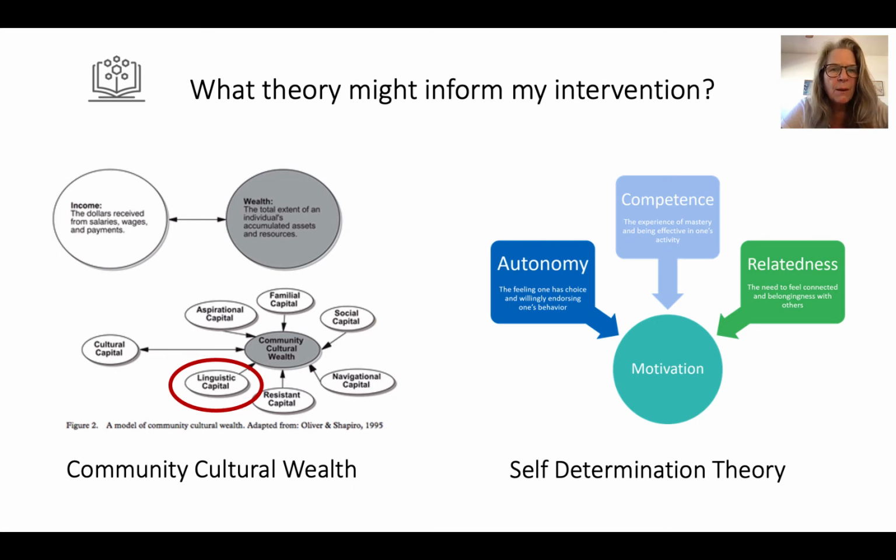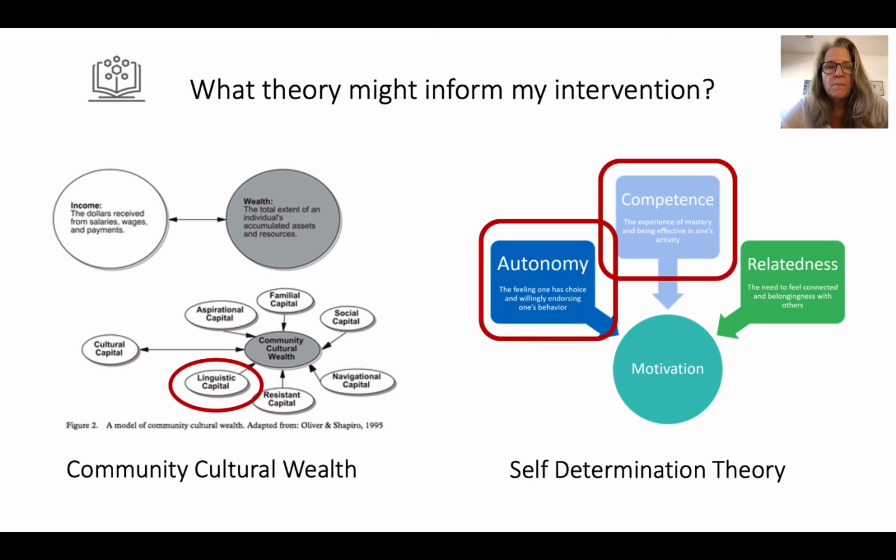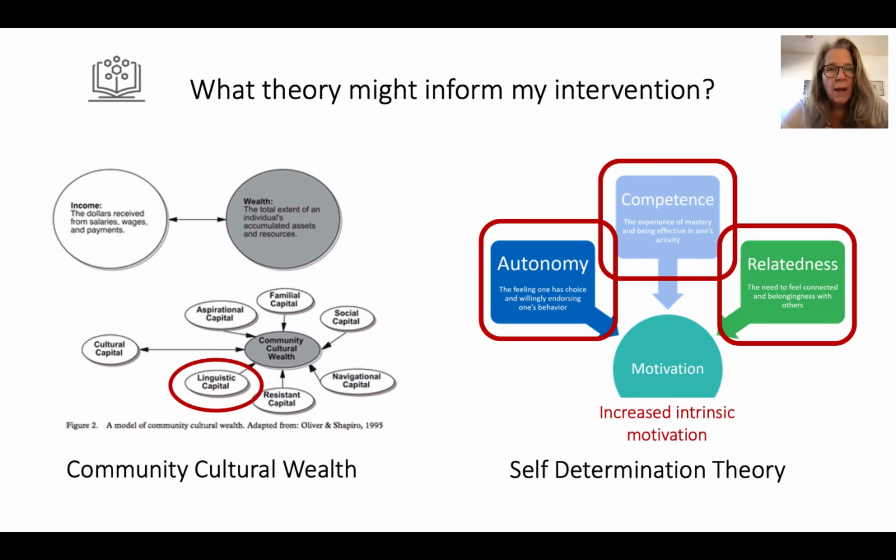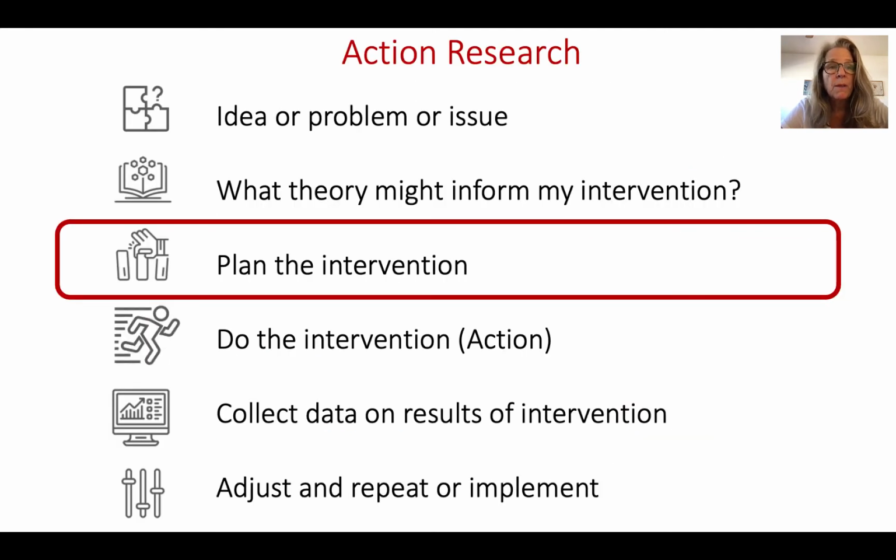And there's 3 areas: autonomy, students can choose what they want; competence, that students get better and better at things, and so that is good for their intrinsic motivation; and then also relatedness, either relatedness to people in the class or relatedness to their life goals. And so I often look at this and try to design things with this in mind to increase intrinsic motivation. So I might use those two theories to inform the work that I'm doing.